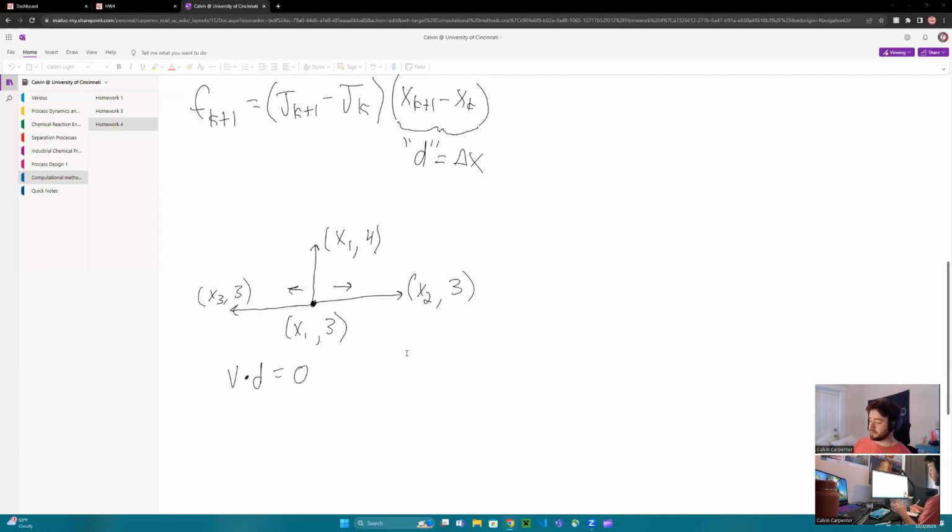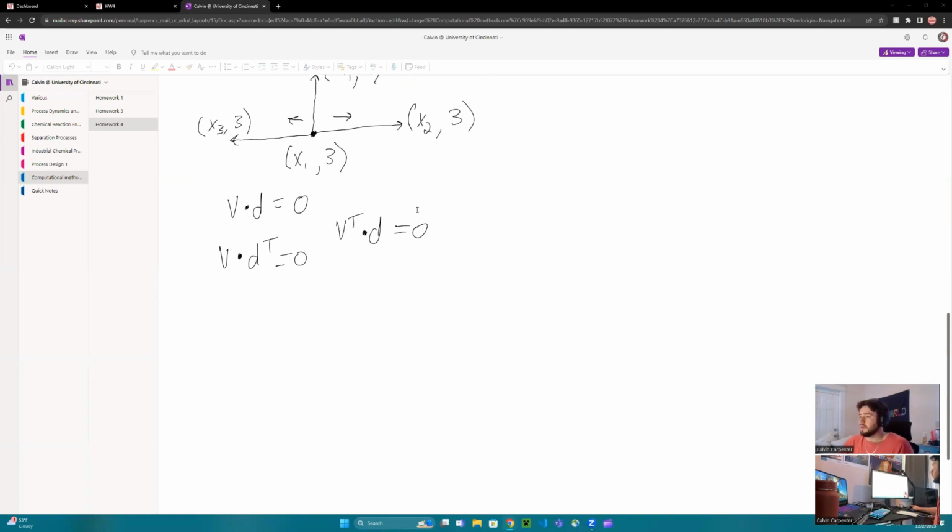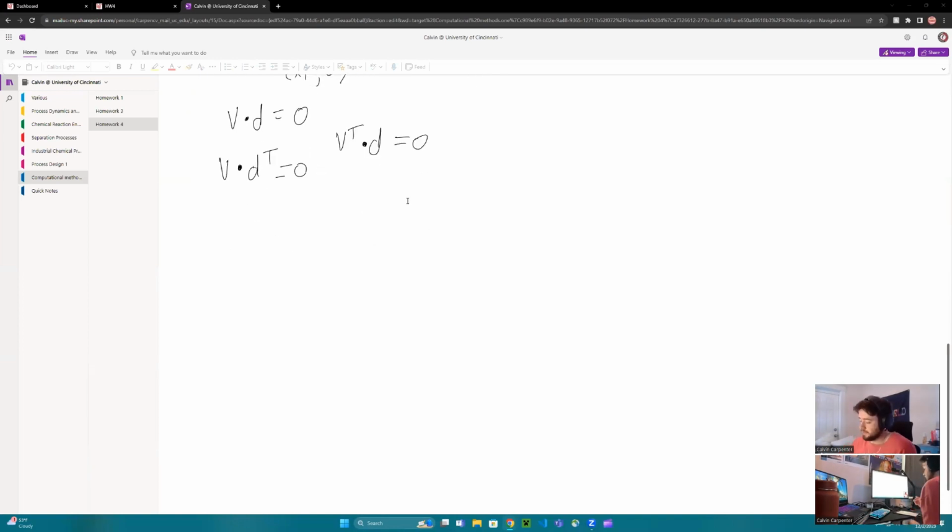And you'll also be able to write v times v dot product d transpose is equal to 0, and v transpose dot product d is also equal to 0. So knowing this, we can obtain some additional information. Okay, so now that we have this information, I'm going to box that in because this is important.